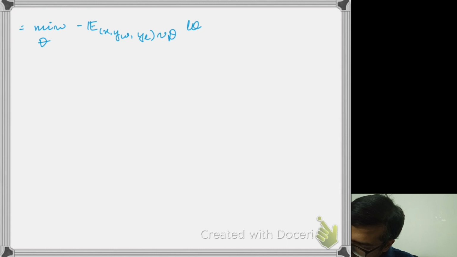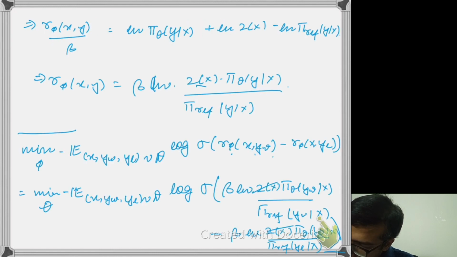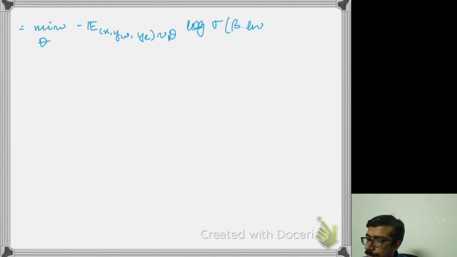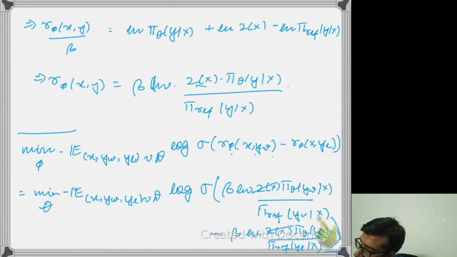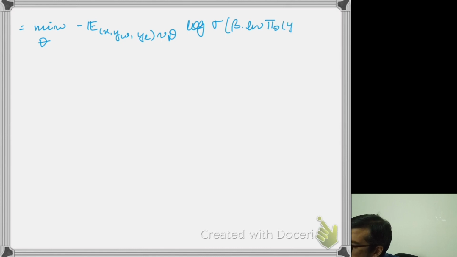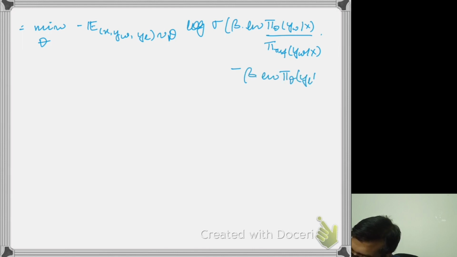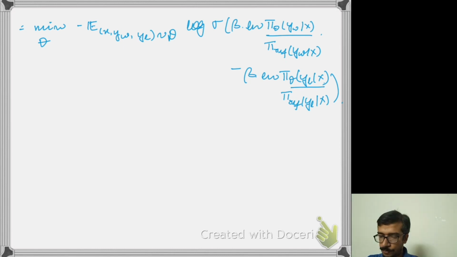So minimization over theta, expectation of x, y win, y lose, sampled from my data, log sigmoid of beta times log pi theta y w given x over pi ref y w given x, minus beta times log of pi theta y lose given x over pi ref y lose given x.